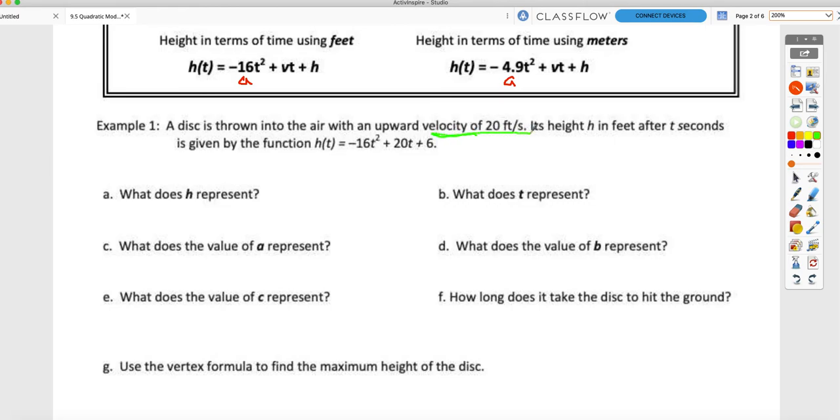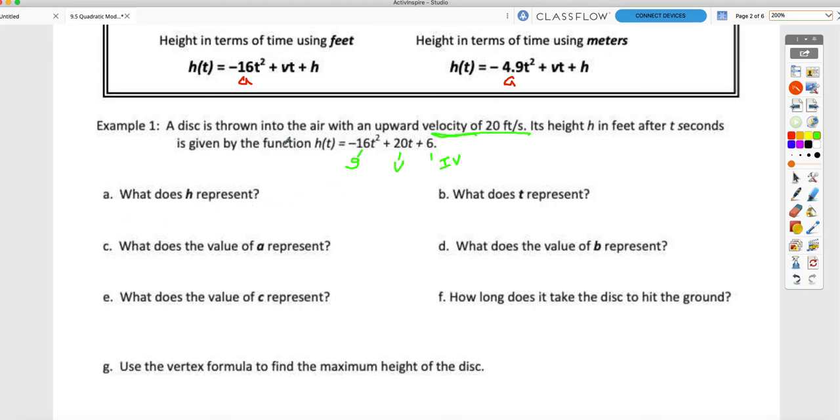Velocity is 20 feet per second. Its height h in feet after t seconds is given by the function h of t is equal to negative 16t squared plus 20t plus 6. All right, so this is gravity. This is the velocity. And this is the initial height, which is the same thing as the initial value.